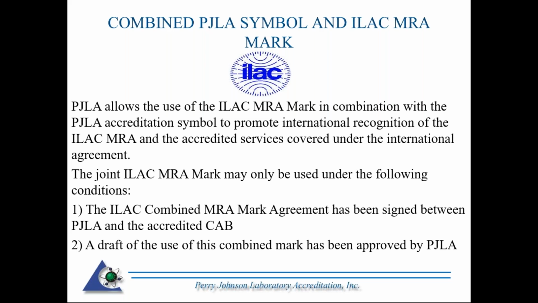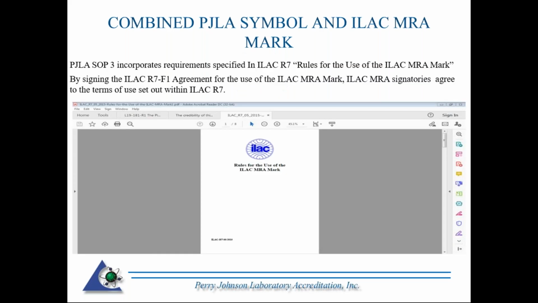So along with assessing the symbol, if we see that the ILAC mark is being used with the symbol, then we need to see that it's been approved and the CAB has jumped through those hoops highlighted here: number 1, signing the agreement, and number 2, presenting a sample to PJLA. And then you would get a nice little signed statement back from PJLA saying it's been approved.